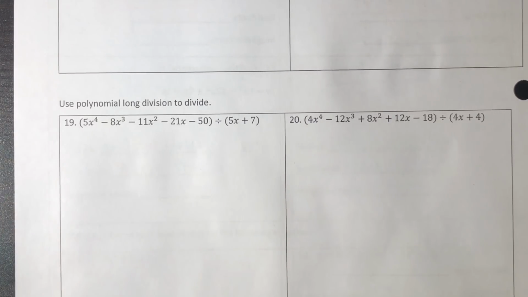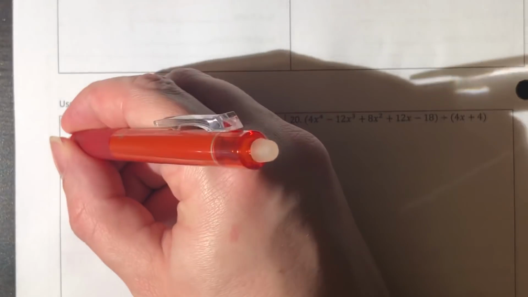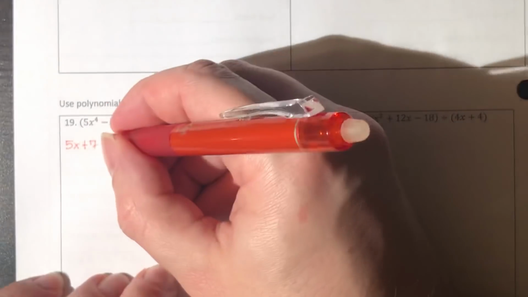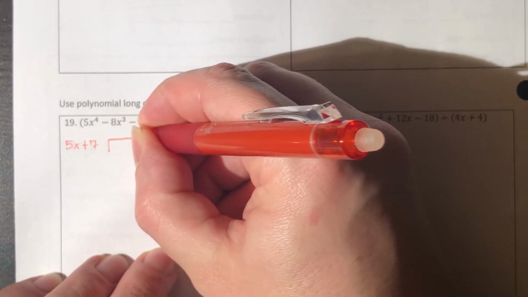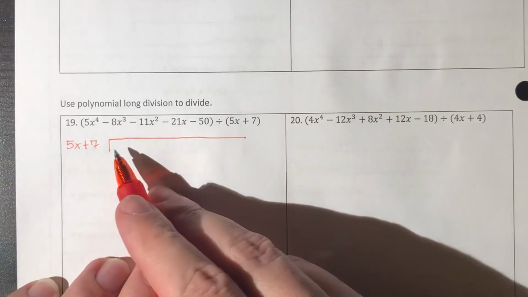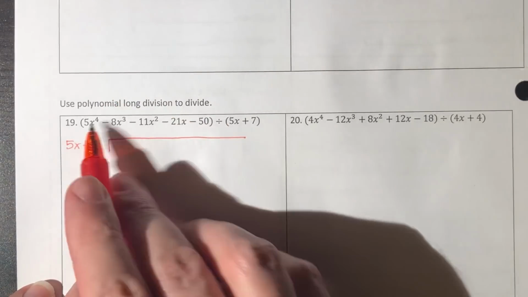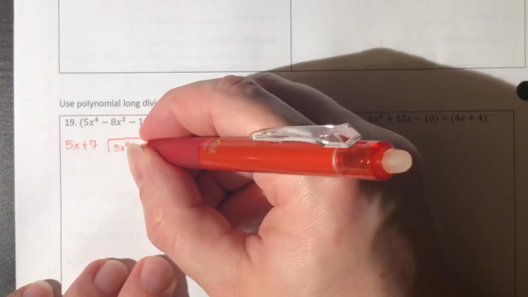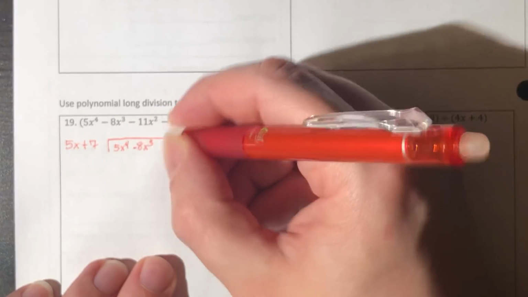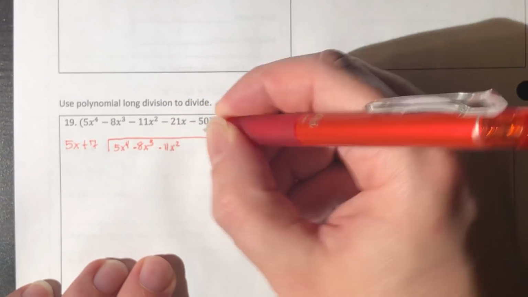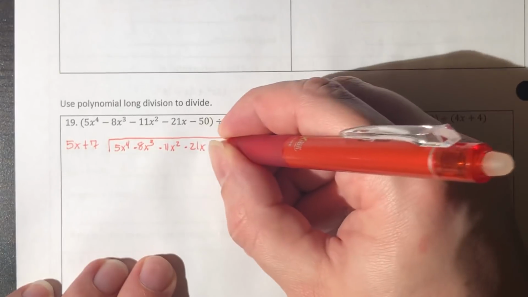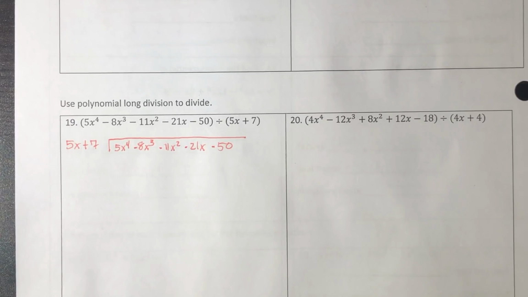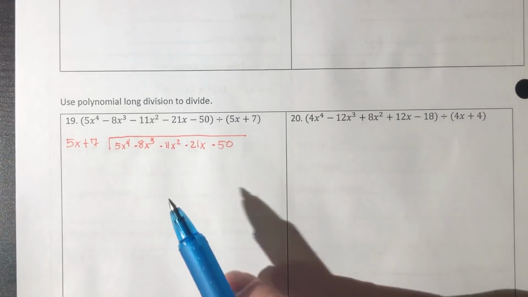Here we're doing long division. With long division, you put out in front what you are dividing by. And then under that division thing, you're going to put what you are dividing, the entire thing. When you start, you only care about the beginning.